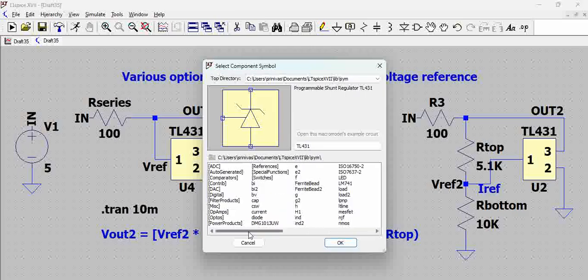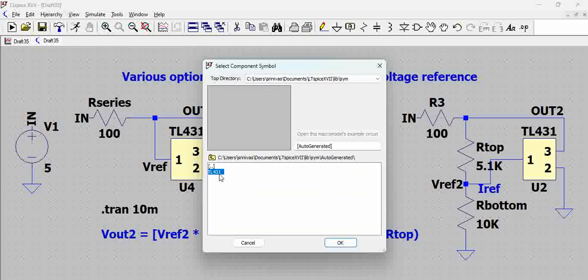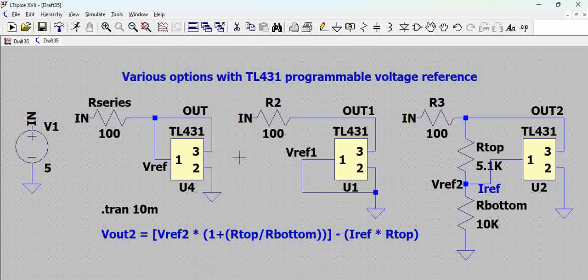What we did is generate a TL431 from the model which is part of the Texas Instruments PSpice model, and we already have a video on how to generate the TL431 model in LTspice. It's very simple and straightforward. You can have a look at it on our channel, and we will post the link in the description as well. So you use this model, and you get an accurate result out of it.